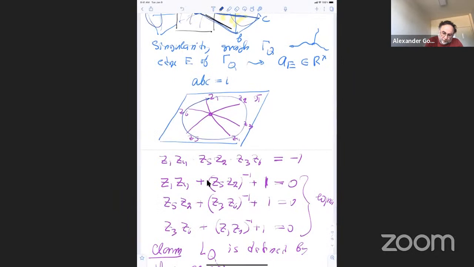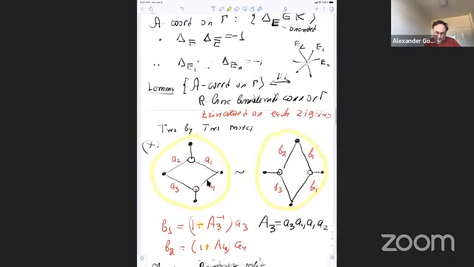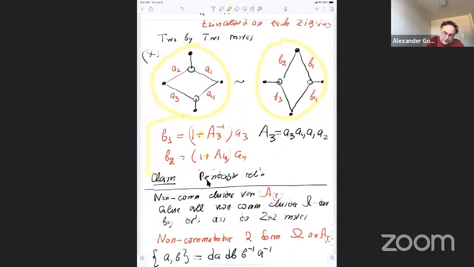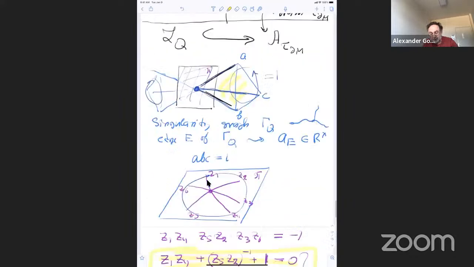The claim is that these relations are equivalent to the cluster relations, to the change of coordinates. These two sets of equations are entirely equivalent. The only point is that this system of equations is dramatically non-symmetric, because you imagine a 3D picture, but they're written in a way which is not symmetric. It turns out that it's possible to write them down in a way which is manifestly symmetric.